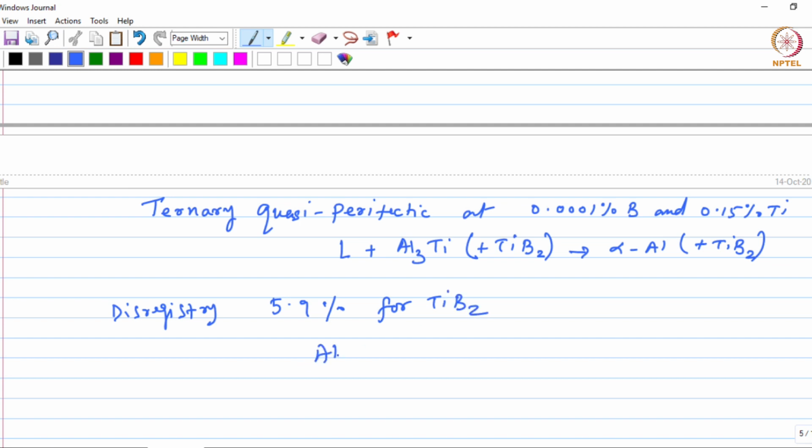But for Al3Ti particles, it is much lower, around 4%. Okay, and the 112 planes of Al3Ti exhibit low lattice mismatch with the planes of aluminium.